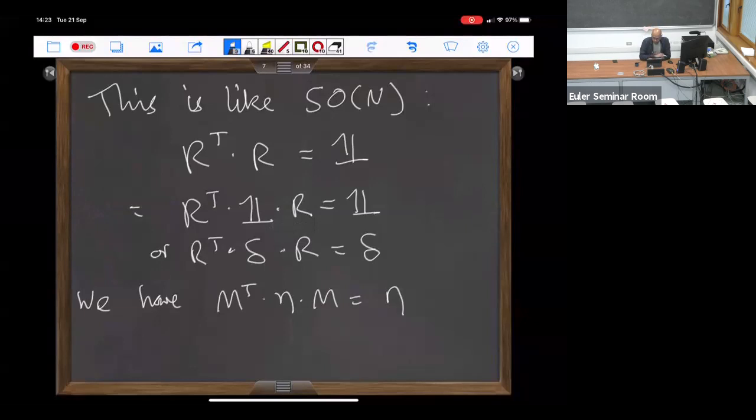You take the transpose, and it says the transpose times the matrix is the identity, but I could have put in the middle, sandwiched between the two matrices, the identity matrix, 1, or sometimes we write that as delta. And so, yeah, this is wholly analogous to this. The only thing that's different is that you replace delta by eta.